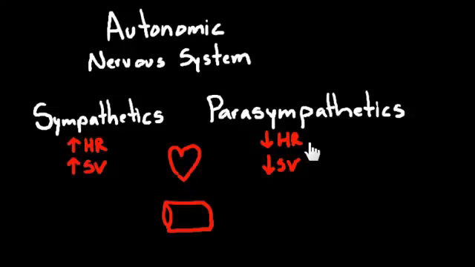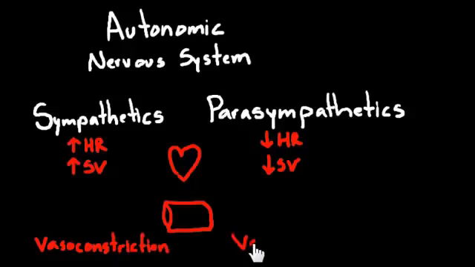And the sympathetics, finally, cause vasoconstriction. And you guessed it, the parasympathetics do the opposite. So they cause vasodilation. Vasoconstriction and vasodilation basically mean whether the artery stays open or closes down.